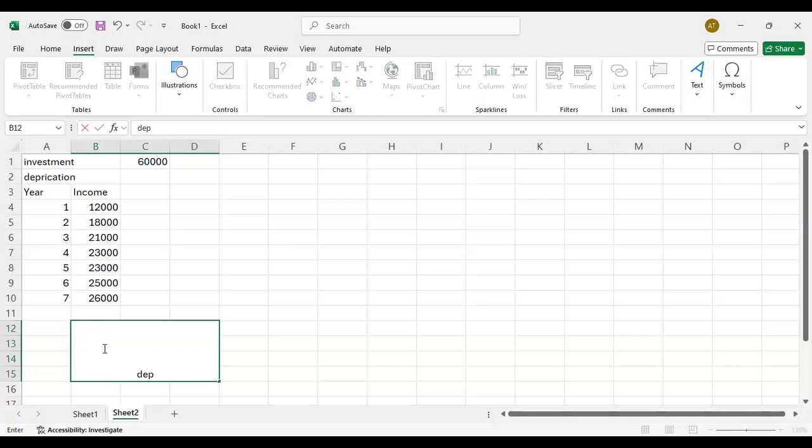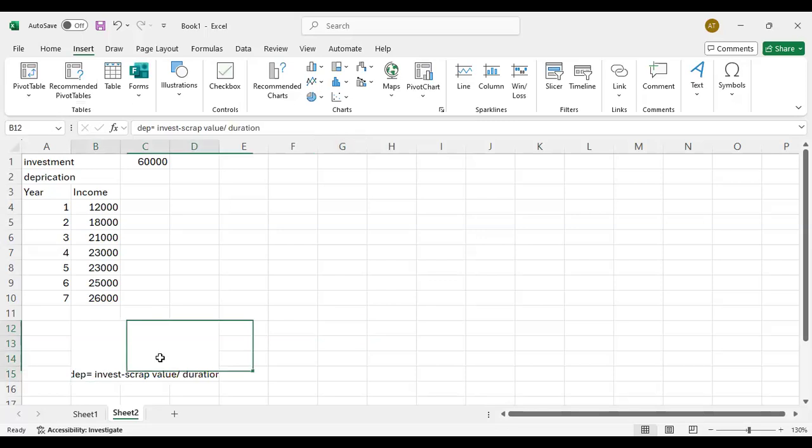Depreciation is equal to investment minus scrap value, divided by duration.